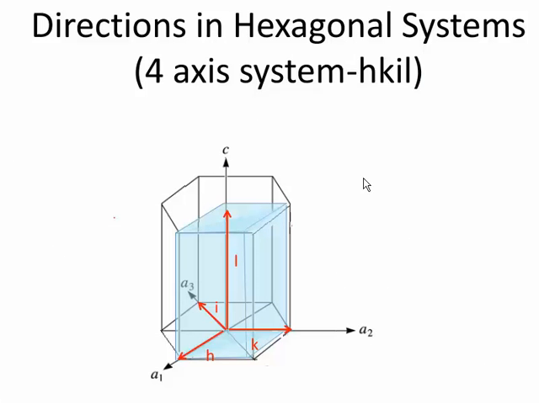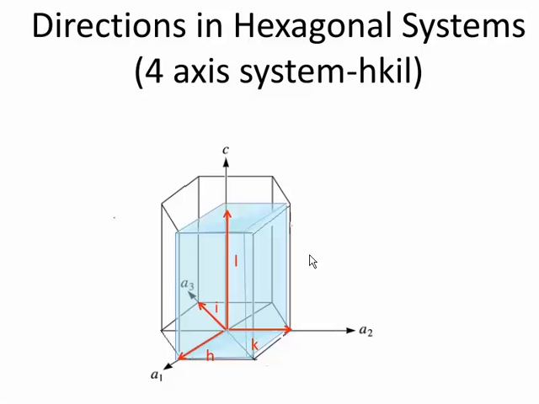Now it turns out that if we just use the HKL Miller indices to describe directions in the hexagonal system, then directions that are crystallographically similar do not appear similar when just using the three-axis system, the HKL.